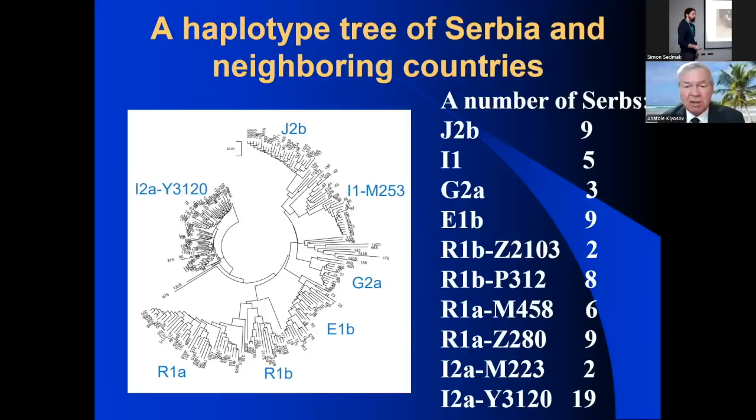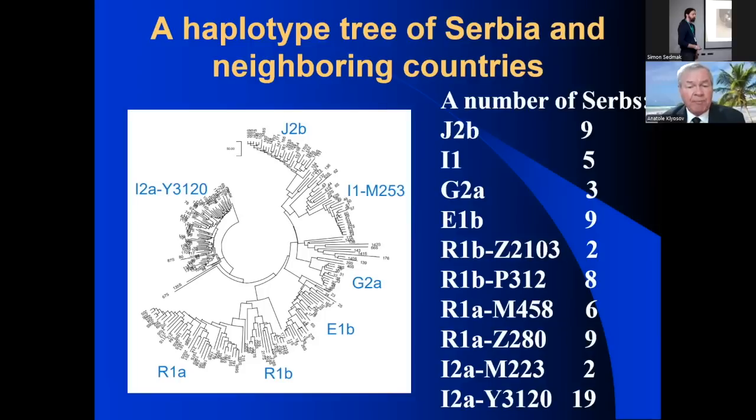Now if we go from the bottom, R1A: there is M458, 6 people, and Z280, 9 people, which is the second group in Serbia. M458 is Western Slavs, and Z280 Eastern Slavs. So you see both are represented in Serbia.